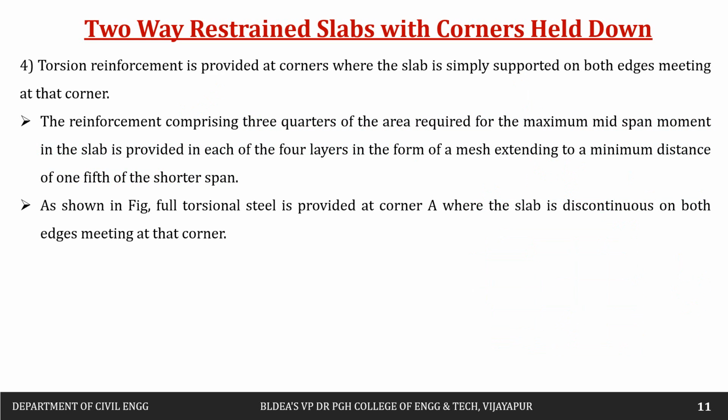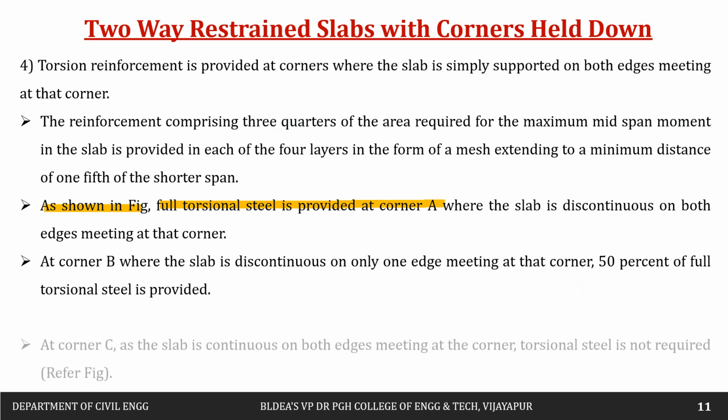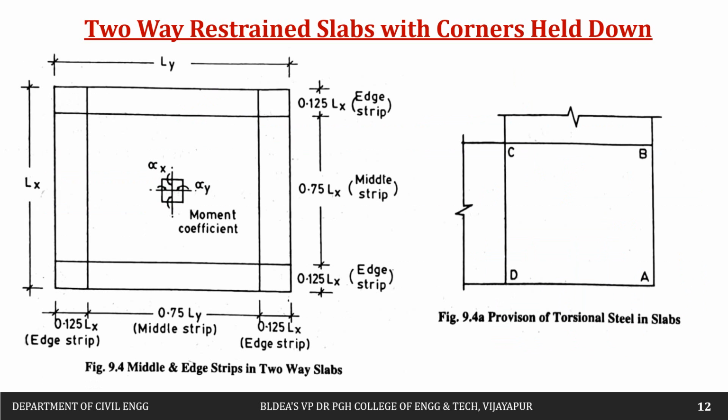Then next, as shown in the figure, full torsional steel is provided at corner A. Let me show you this figure. Here is one slab with the corners marked as A, B, C and D. Here we have slab continuity on these sides.